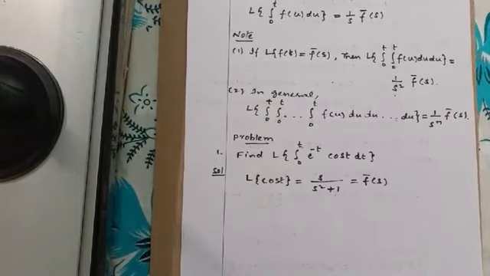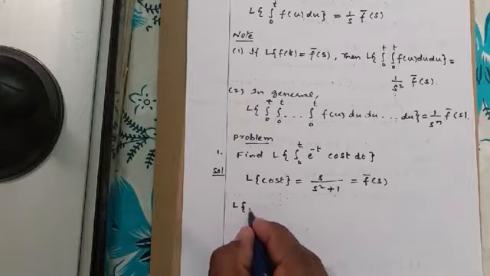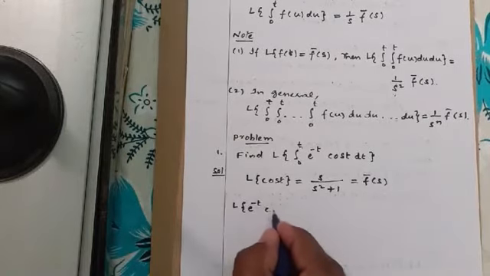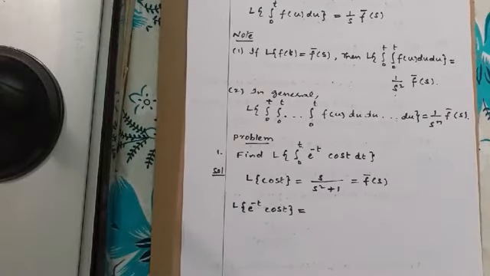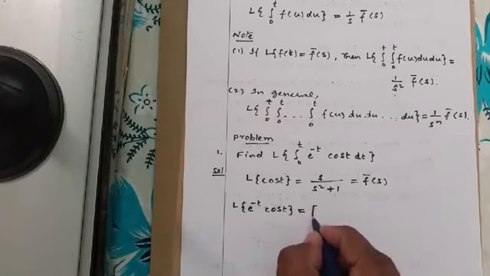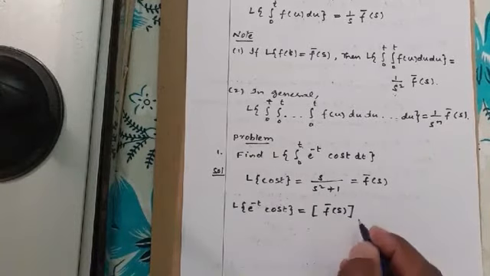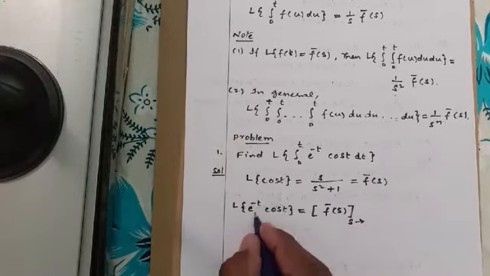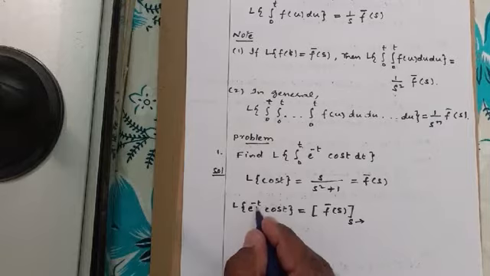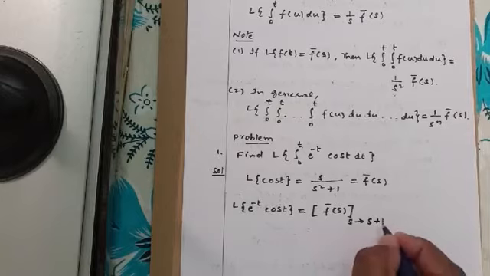Now when you apply the first shifting theorem, it is given Laplace of e power minus t cos t, that is equal to, now I can write this as, in bracket I write here f bar s. In the previous class we have studied this first shifting theorem. Now s changes to, here you can see e power minus at in the sense we have minus 1, so we can write here s plus 1.